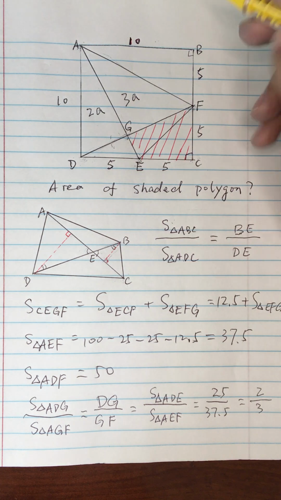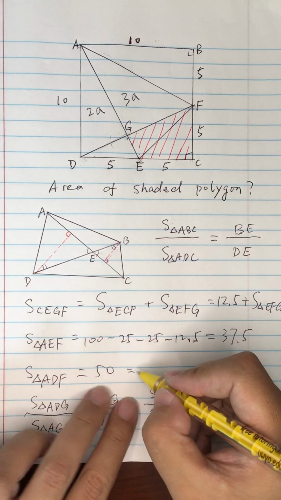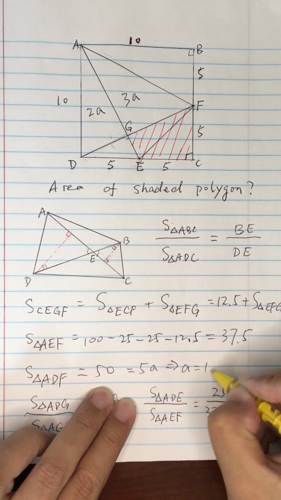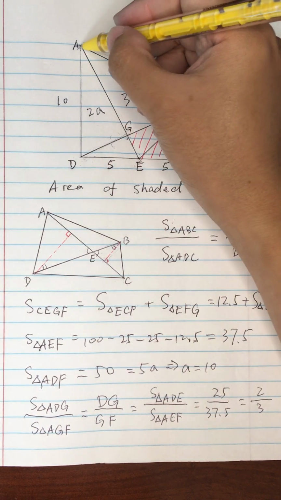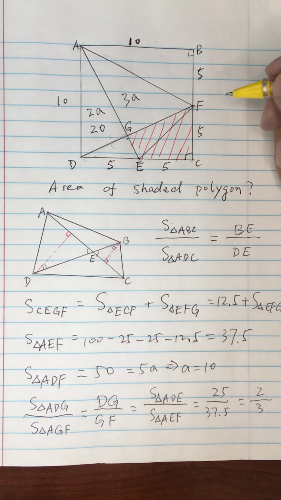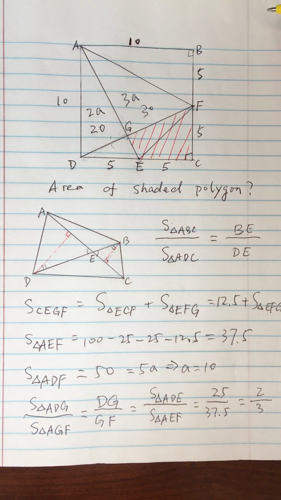So the area of ADF is equal to 5A. So A equals what? A equals 10. So if A equals 10, then the area of ADG is going to be 20. The area of AGF is going to be 30.